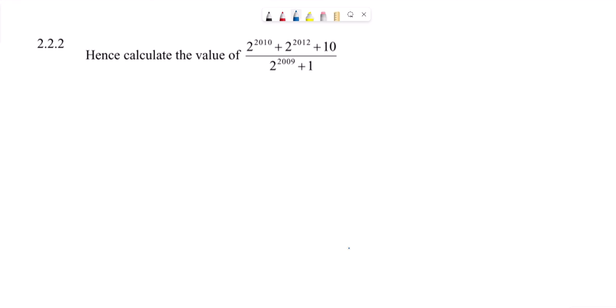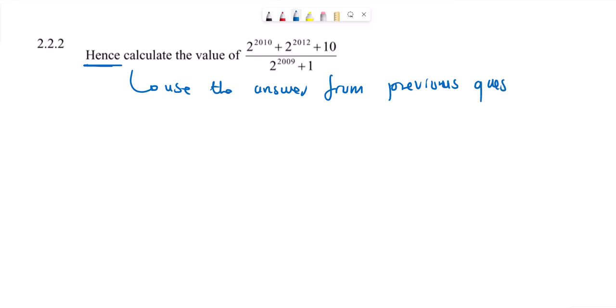This word, hence, it says use the answer from the previous question, and I totally forgot that.